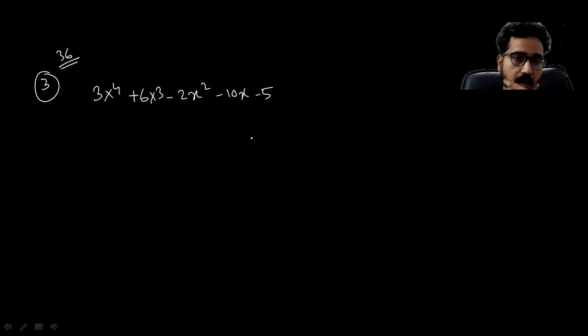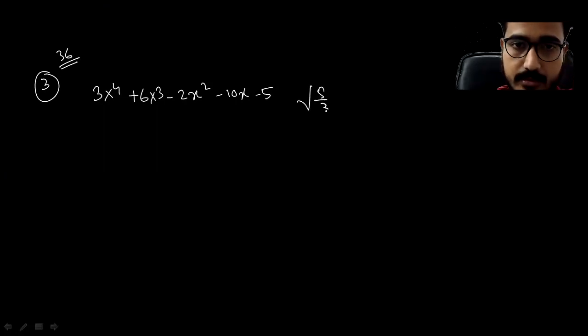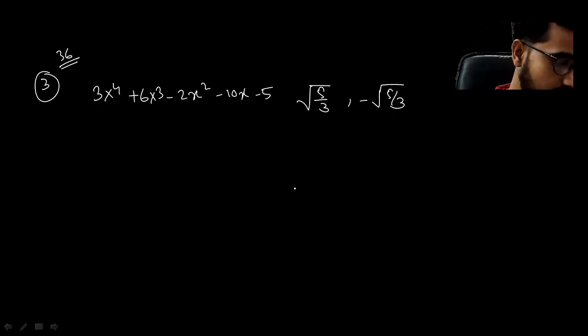That means one polynomial is given and two roots are given. One root is root over 5 by 3 and another root is minus root over 5 by 3, and you have to find the other two roots.